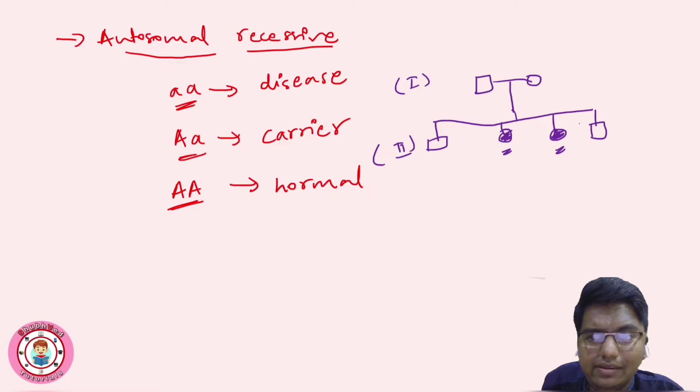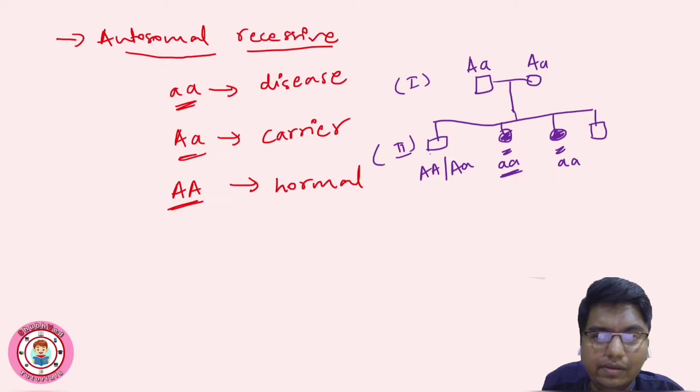So when we get this type of question, this is aa affected, right? This is also aa. Then from this two homozygous condition, one a is from this parent, means they will be the carriers, right? This can be this or this, right?